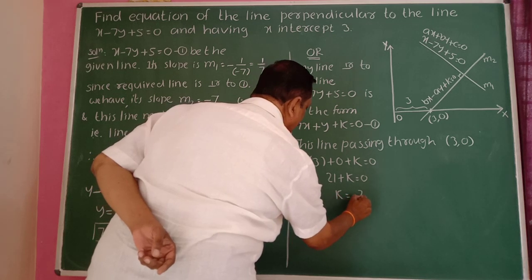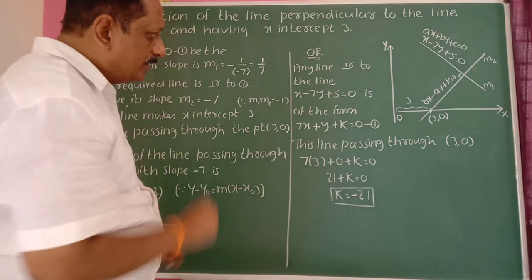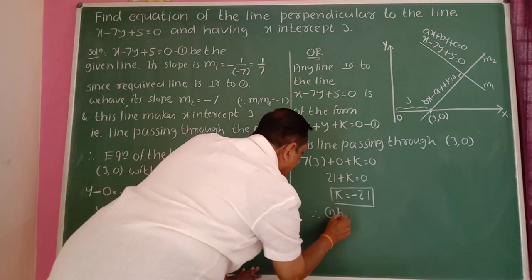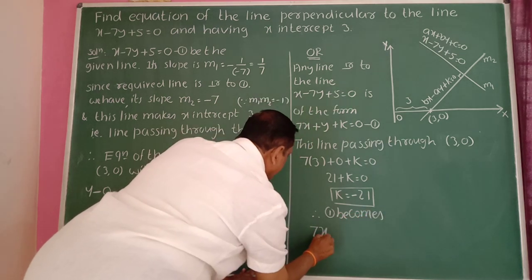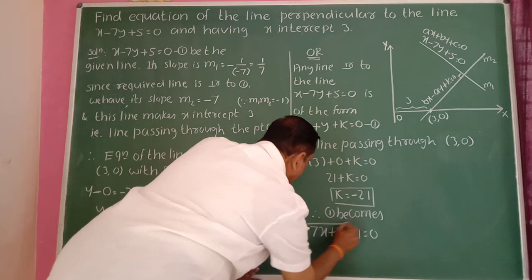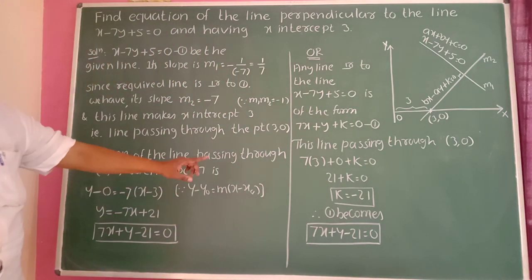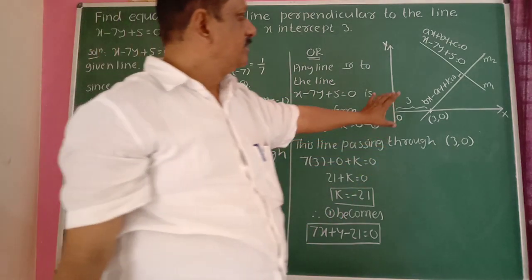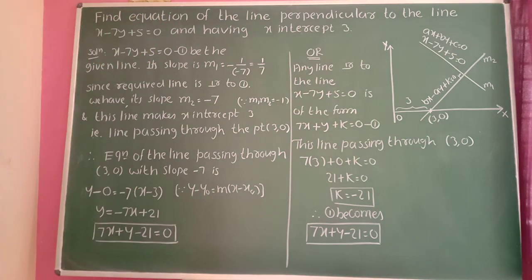Hence k is equal to minus 21. Use this k value in equation 1. Therefore equation 1 becomes 7x plus y minus 21 is equal to 0. So this is the answer. You will get the same result. So in the examination you may use either this method or the other method. And this diagram is not necessary; you will not draw this diagram in the examination.